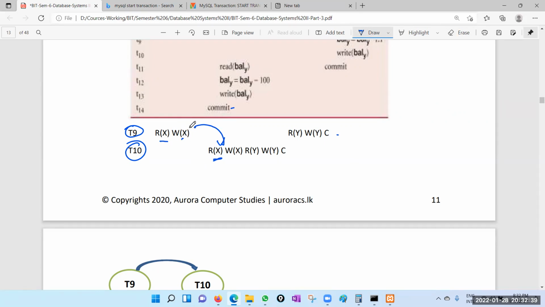Two different transactions, same data, and one of the operations is a write. So therefore, there's a dependency from T9 to T10. The T9 to T10 dependency is there because of this write and this read. Not this read and this read, not this read and this write, but this write and this read.